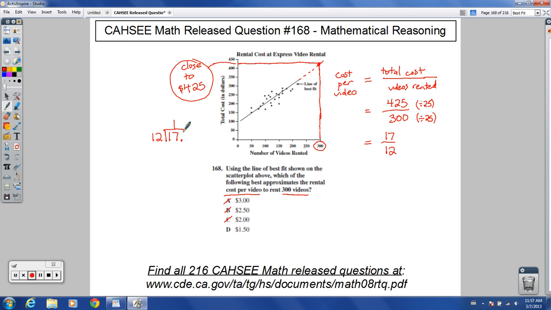We're going to have to add a decimal place because we're not done here. We still have more digits left over, so this would be a 0. We carry down the 0. This goes into there about 4 times. 4 times 12, that's 48. You've got 2 left over here. And let's carry down 1 more 0. We'll do this one more time. So 12 into 20. We got 1 times 12. That's going to be 12.